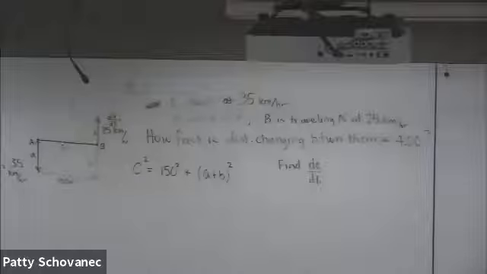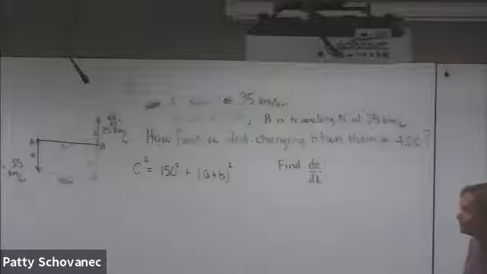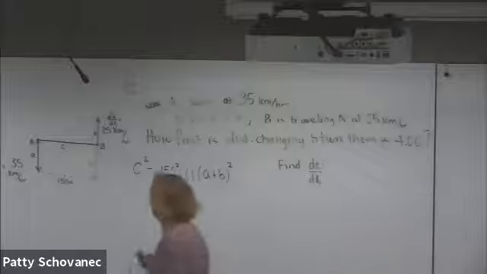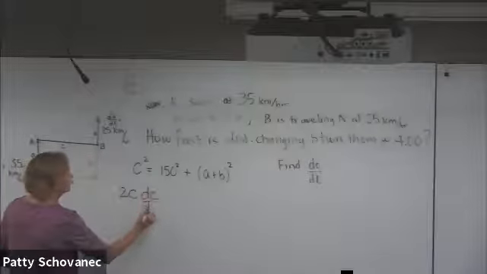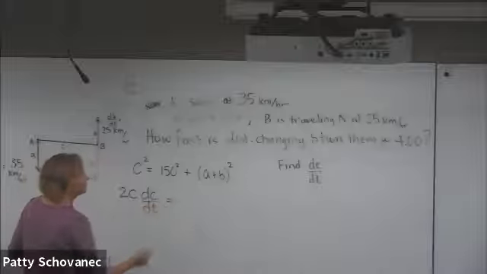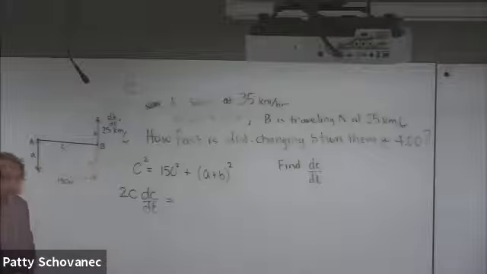If you've got an equation that relates them at any time, we can get the related rates equation just by taking the derivative. So the derivative on the left is 2c times dc/dt. 150 squared is a constant, so its derivative is 0.